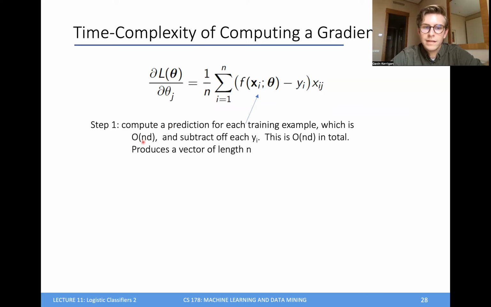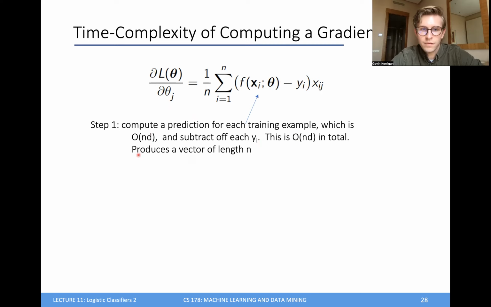Since I have n data points in my training data, and each of these model predictions requires O of d calculations, it's a sum over d different terms, this total calculation is going to be O of nd. Subtracting off the y sub i's is another O of n calculation, so it's going to be O of nd overall.